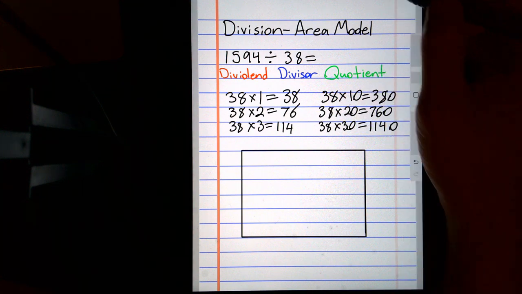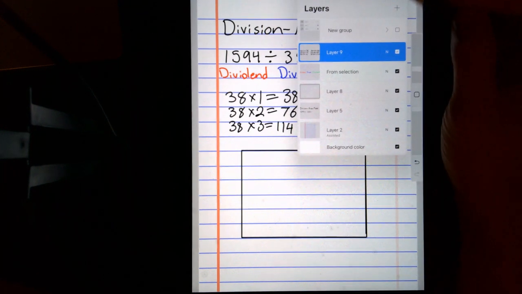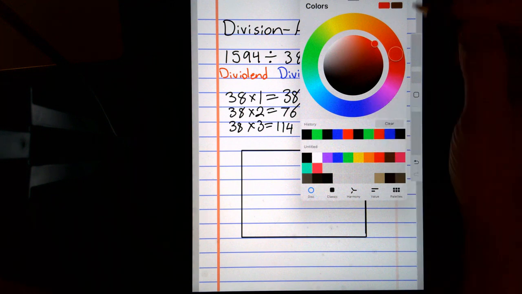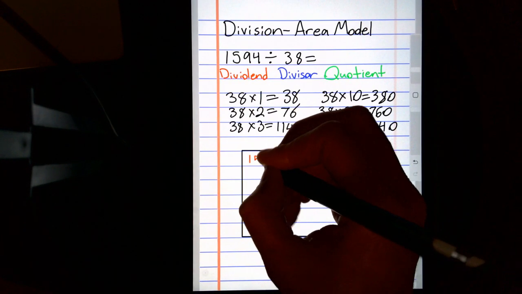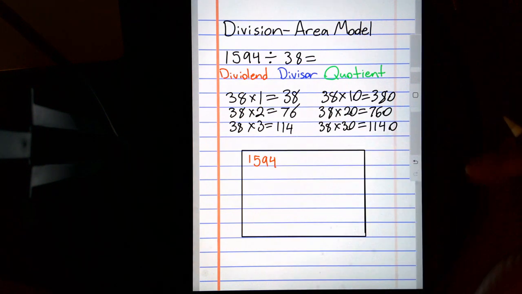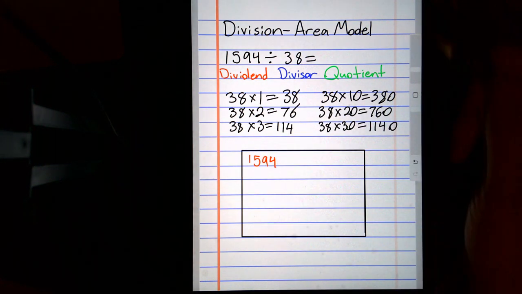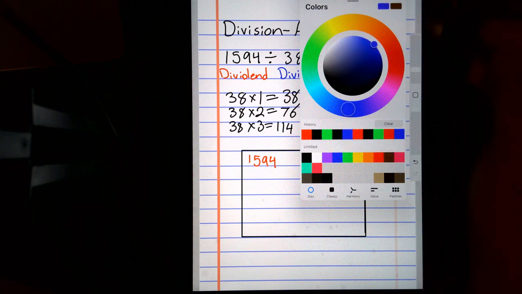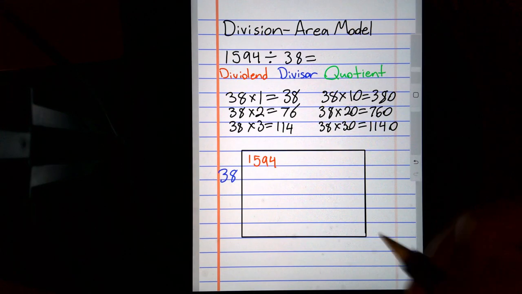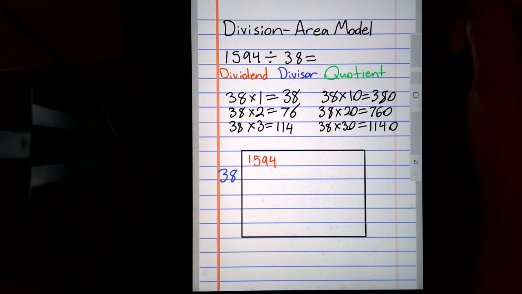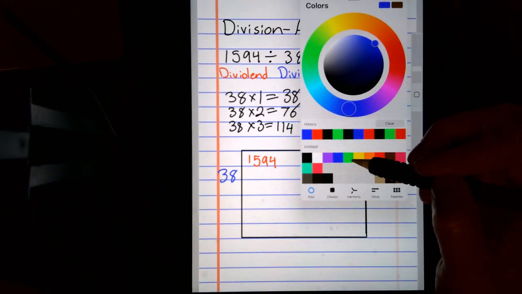So we know that our dividend needs to go in this box. Beginning number, that's the number we need to break up. Our divisor is going to go on the outside of this box. We're breaking that up by a certain amount. And from there, we can continue.